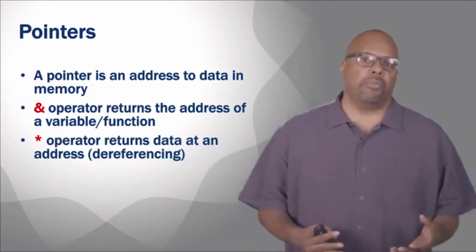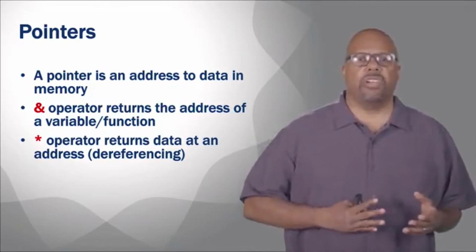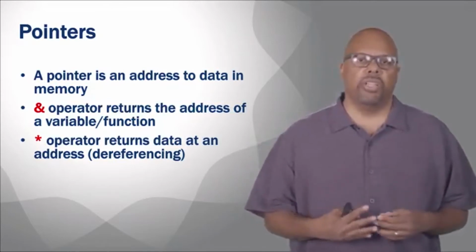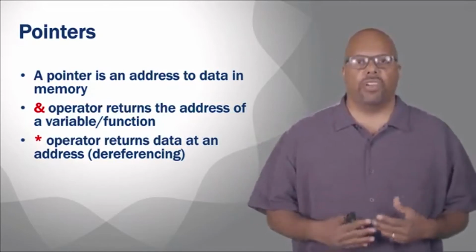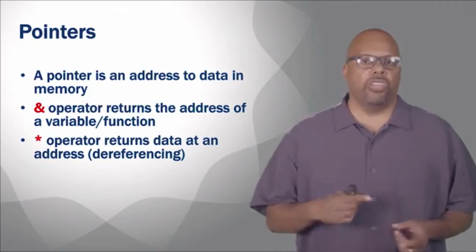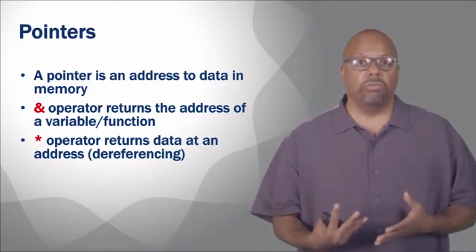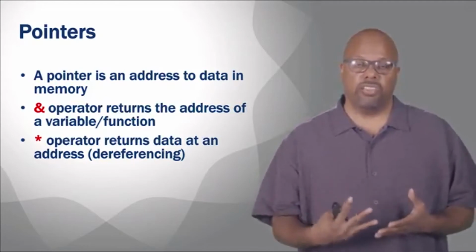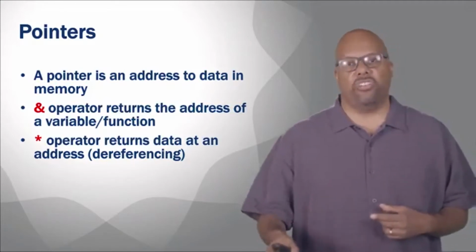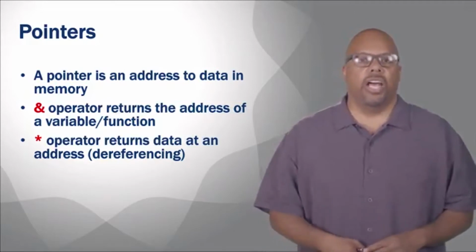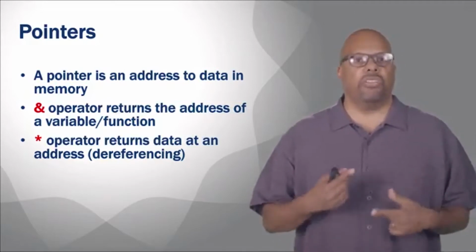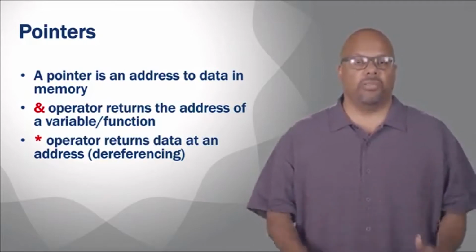If you put the ampersand in front of the name of a variable, it will return you the address of that variable. The star operator goes the other way. If you put it in front of a pointer, an address, it will return you the data at that address. So it's important to understand that the ampersand operator and the star operator are opposites of one another.